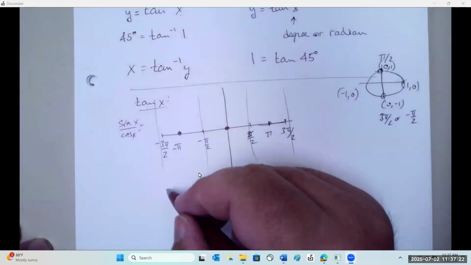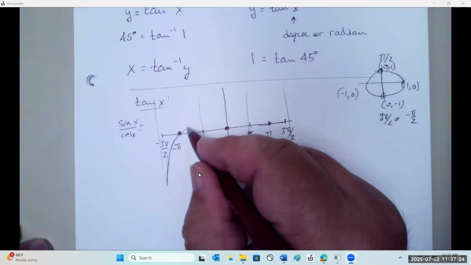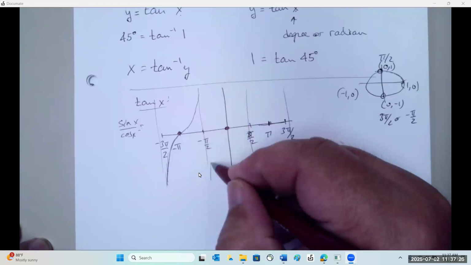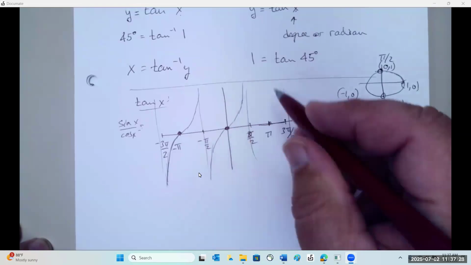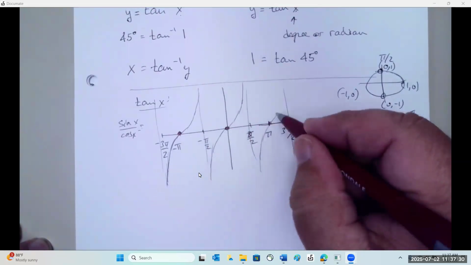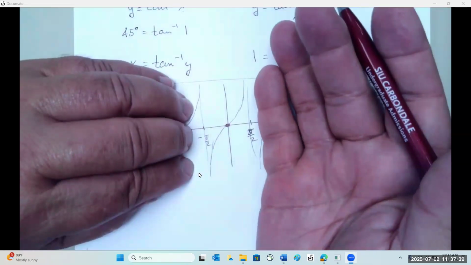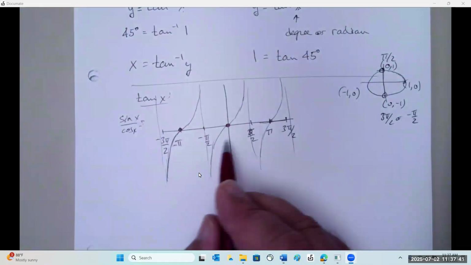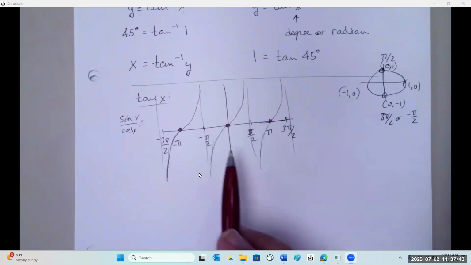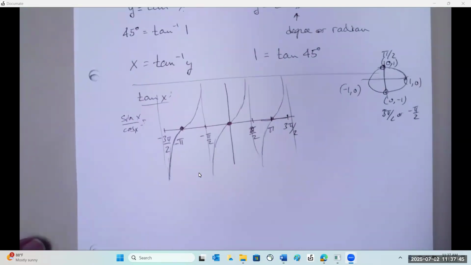It's an increasing function, so it stays within those boundaries. And there's like this. So we're going to isolate ourselves only to one period, negative pi over 2 to pi over 2.